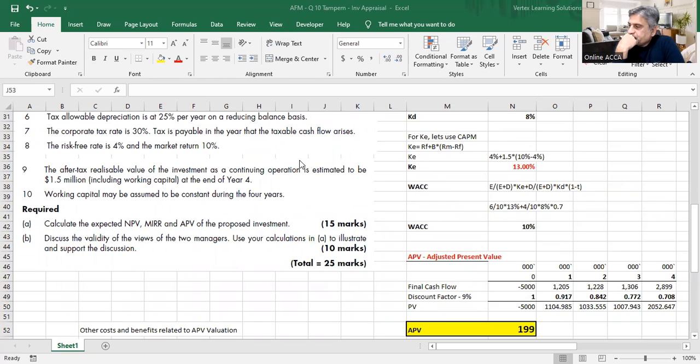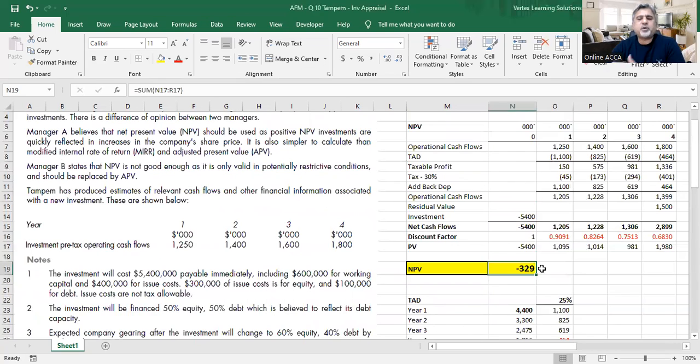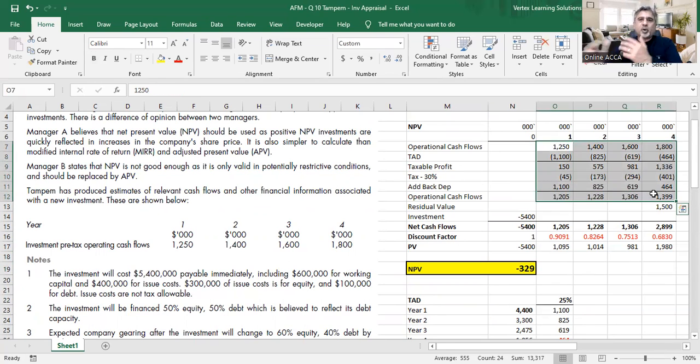In the NPV method, many times what will happen is that you will calculate an NPV positive 1 million, positive 2 million, and we say NPV actually depends on these cash flows. If our revenues and costs are more or less, cash flow will change, NPV will change. So these are the problems with my estimates, because these are the numbers which I estimated.